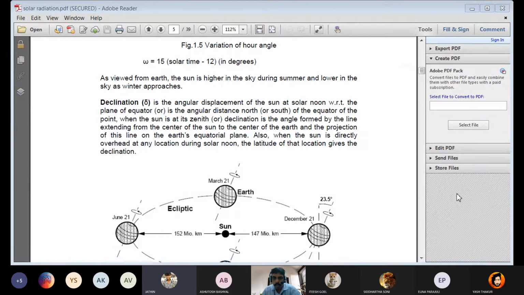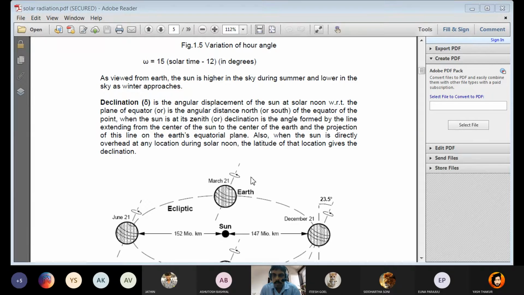Latitude angle, longitude angle, hour angle, declination angle, tilt angle, zenith angle, incidence angle, azimuth angle, surface azimuth angle and solar azimuth angle, right? So this PDF describing these angles I have uploaded in VTOP.